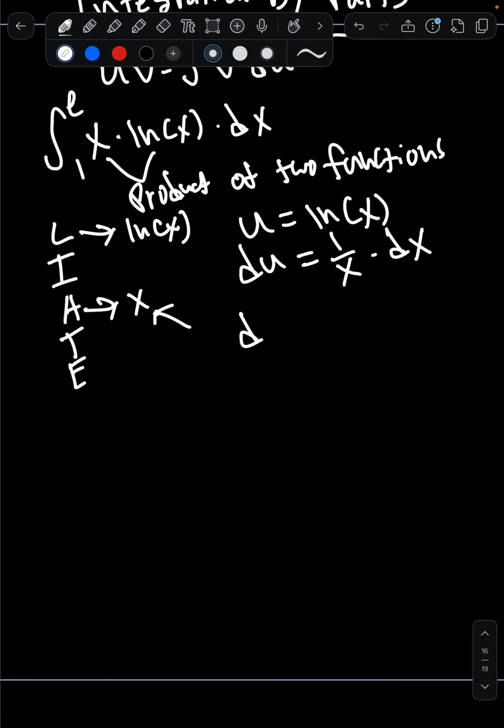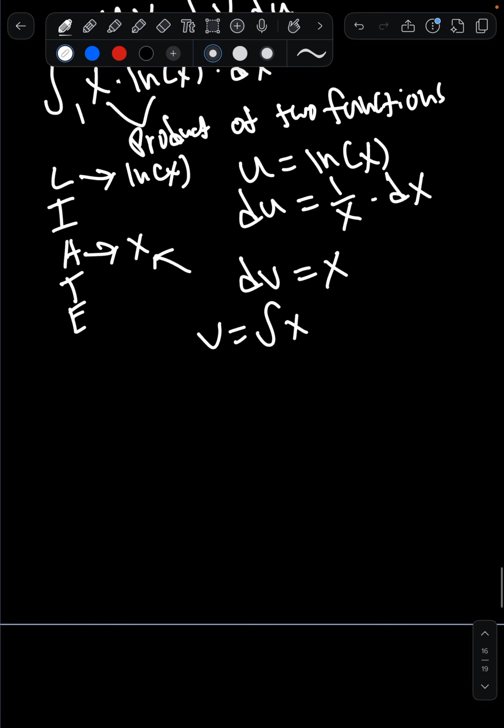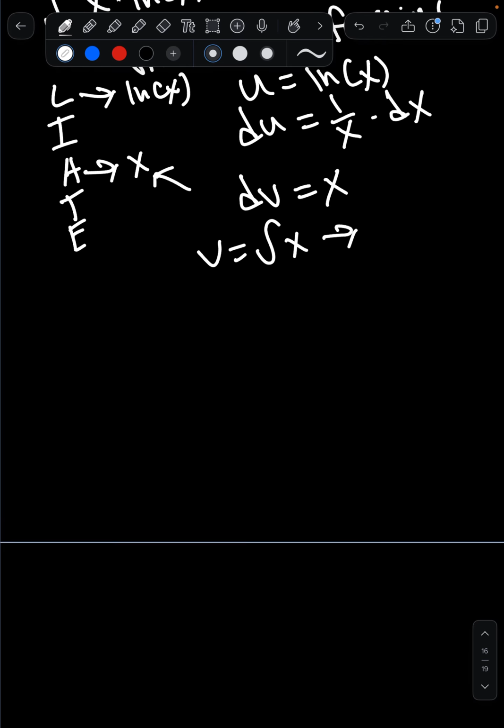We can let dv equal x. Now, in order to get v, we can take the integral of x. The integral of x will equal v. The integral of x using our standard antiderivative power rule will give us x squared divided by 2.